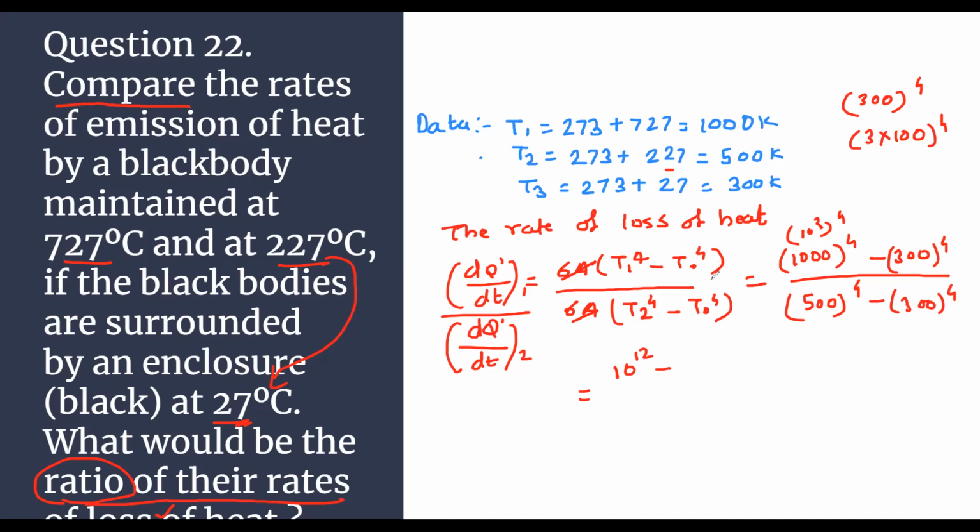The fourth power of 3 is 81, and 100 raised to 4 is 10 raised to 2 raised to 4, which is 10 raised to 8. Similarly, 500 raised to 4 is 625 into 10 raised to 8, and for 300 again it is 81 into 10 raised to 8.